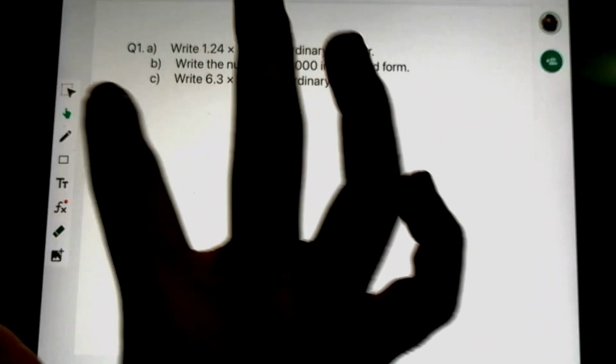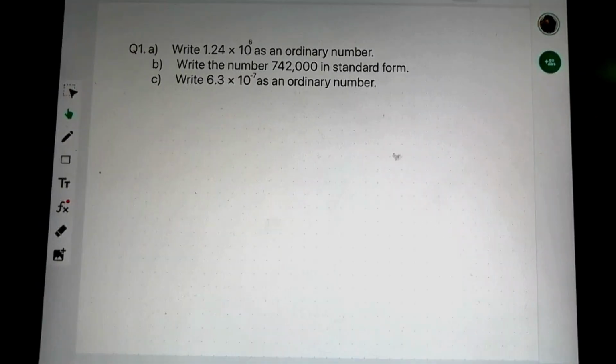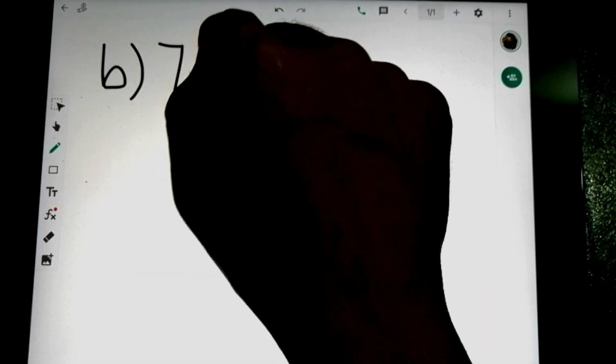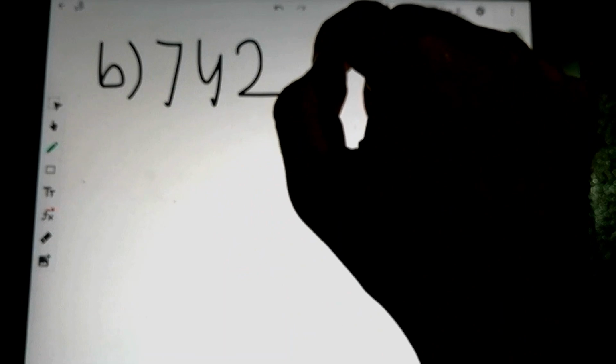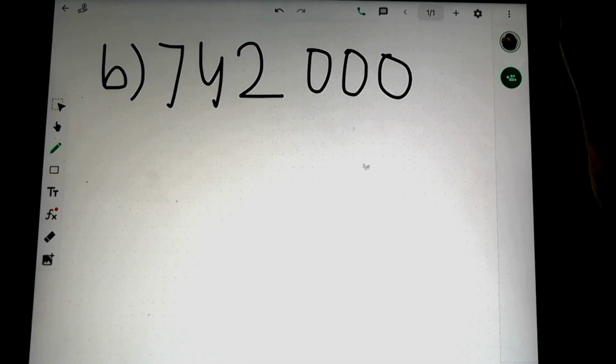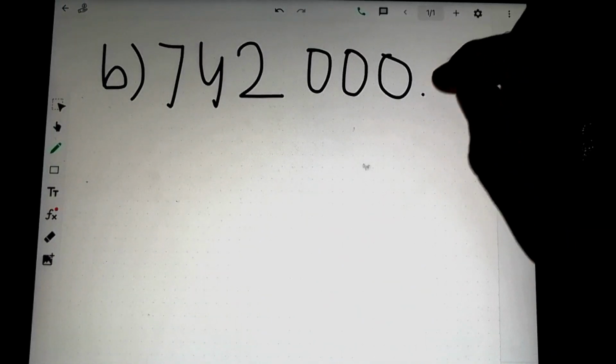Part B says write the number 742,000 in standard form. So we turn this into standard form. Like we learned in the last video, we move the decimal point to in front of the first digit.